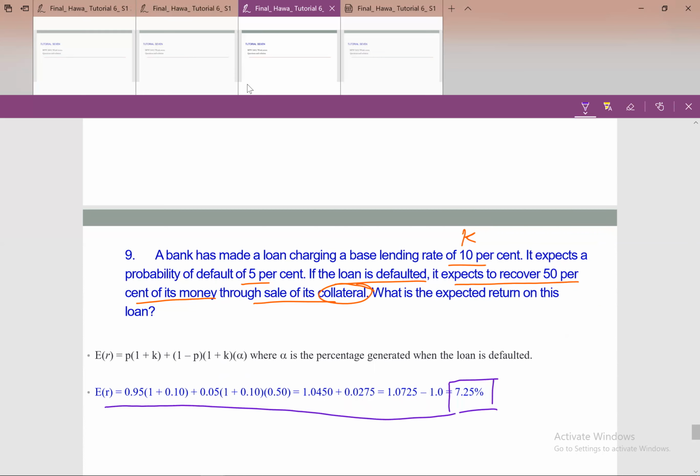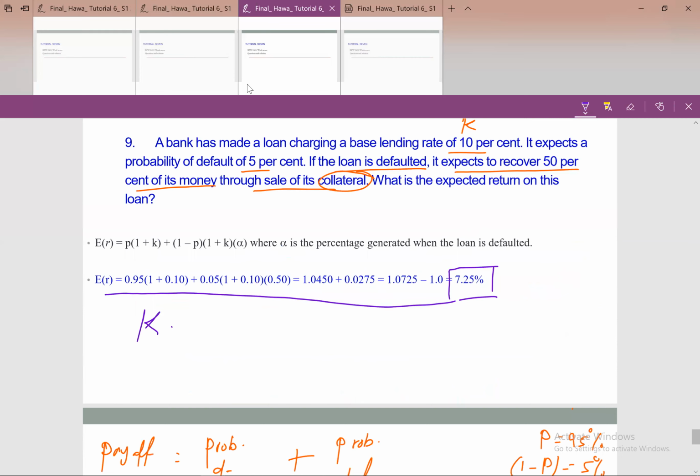So I want you to understand how we do the pricing, how we calculate the K, how we calculate the expected R without collateral, and the expected R with collateral.